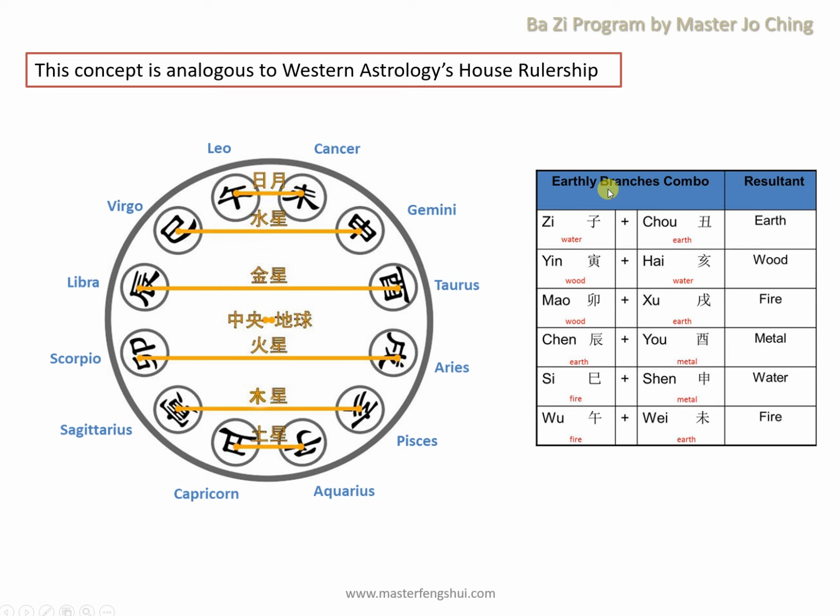So therefore I find that whether it will really transform into the resultant earth element or not for 子丑, and likewise for the rest, is really questionable. Because this concept, to me, is borrowed from astrology.